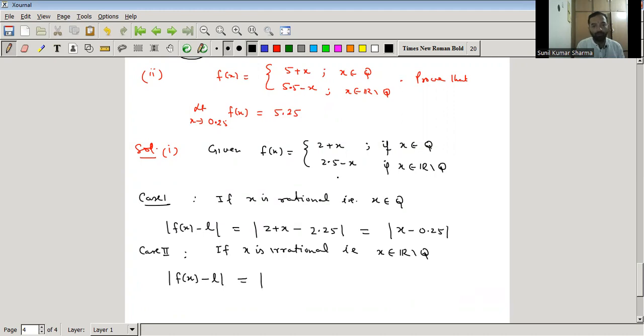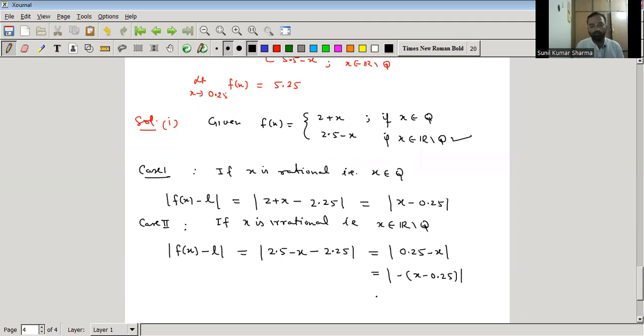That is mod 2.5 minus x, since f(x) is equal to 2.5 minus x because x belongs to R minus Q, minus the limit, which remains the same, 2.25. We get 0.25 minus x, and we can also write this as minus of x minus 0.25, and we get this to be mod x minus 0.25.